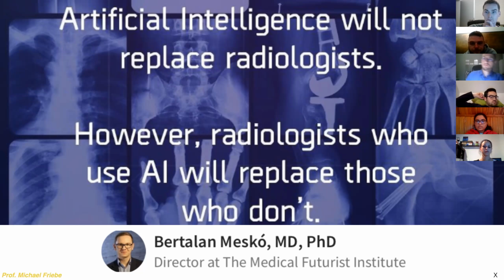So maybe the radiologist will move into more of a patient guide role: I recommend you do the following imaging. This is the result. That's what the AI came up with, and I would support that, but I recommend you do the following things now. Maybe that's the new role of the radiologist. But if you ignore AI as a radiologist, you will be lost. And that's the basic baseline on this one.